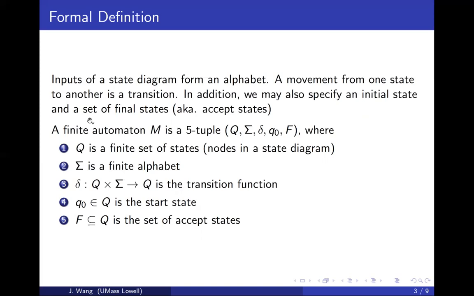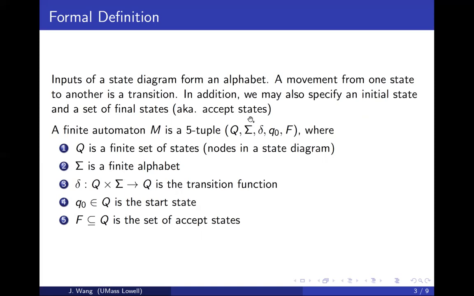And because now we want to define computability, we want to determine when an input is accepted. So we define a set of final states, also known as accept states.